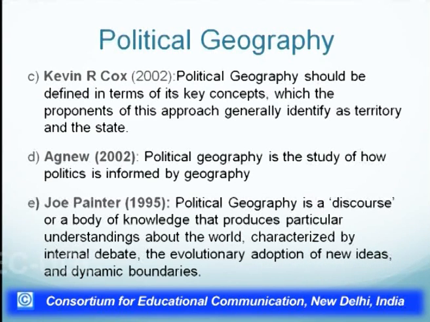John Agnew, another prominent political geographer, says that political geography is the study of how politics is informed by geography. How geographical information is utilized by political thinkers, political scientists and politicians themselves is of high significance to Professor Agnew.